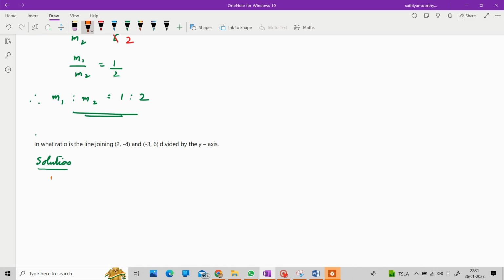So let the required ratio be m1 is to m2, and the point on the y-axis, any point on the y-axis is of the form 0 comma y. So on the y-axis the x value is 0.